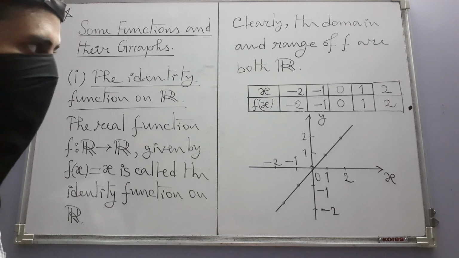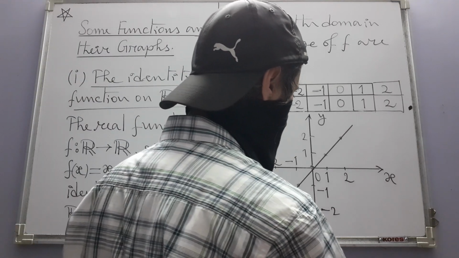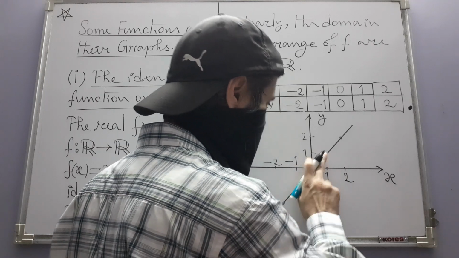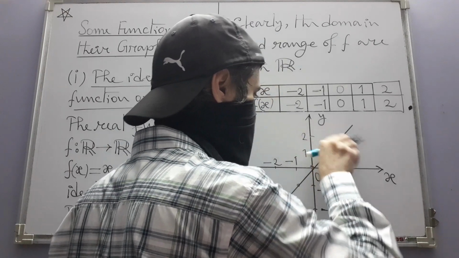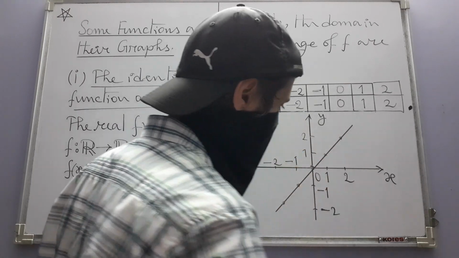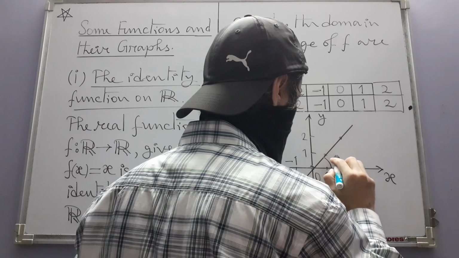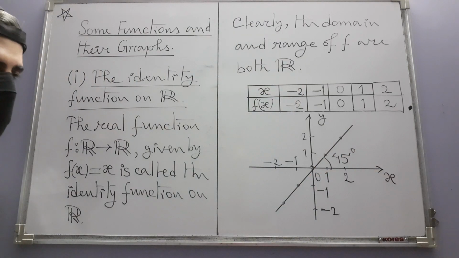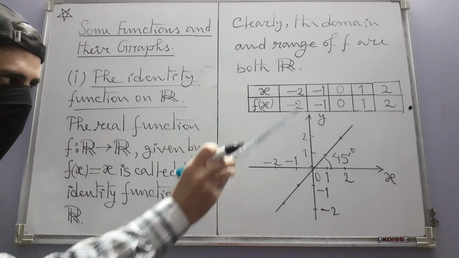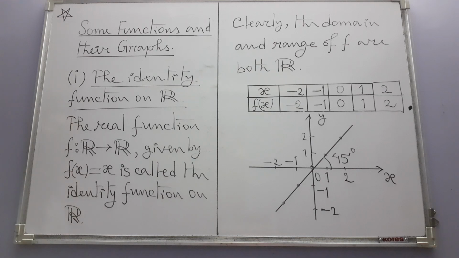And that straight line is the graph of this function, which passes through the origin and is equally inclined to both the x as well as the y axis, which is why this angle is 45 degree, and that angle is also 45 degree because the entire thing is a right angle. So this is the graph of your identity function.